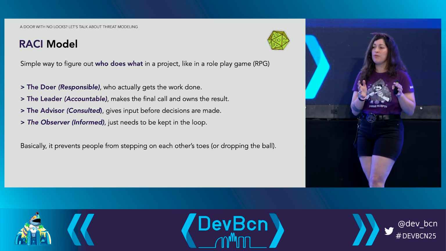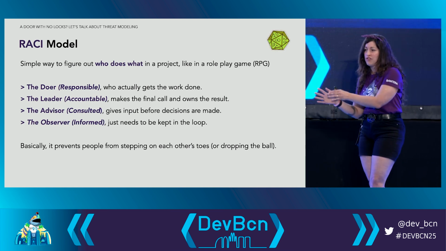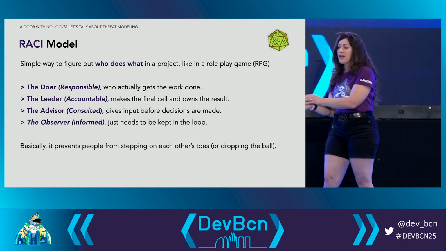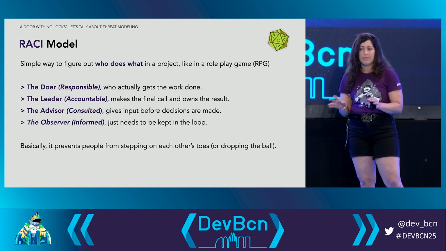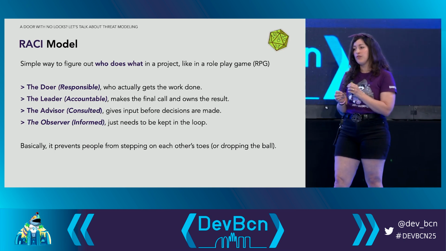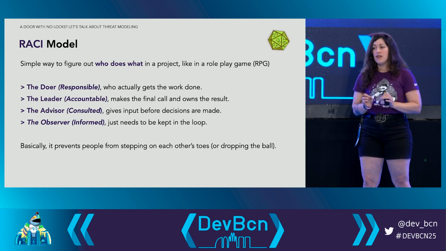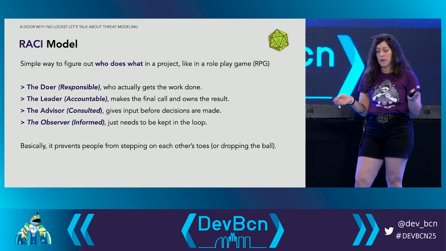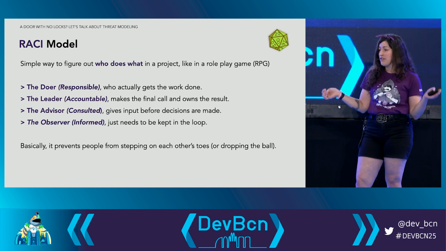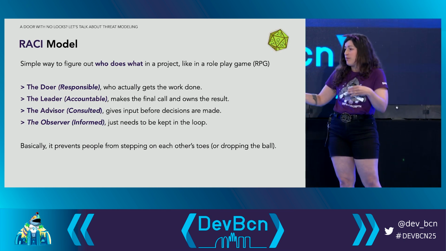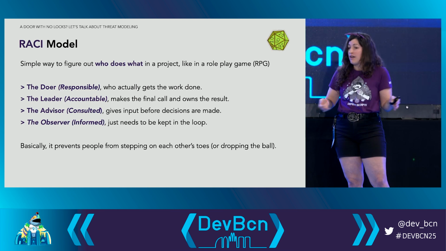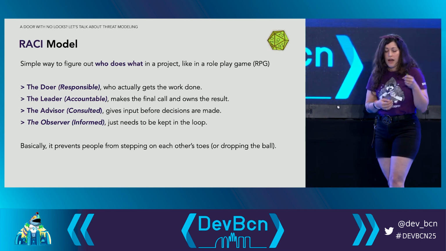They are accountable for the job to get done, each step to get done. And if there is some decision making, this person is going to have the final word, OK? So maybe if we are talking about budget to address certain threats that we want to mitigate, maybe the product owner has a say on this, OK?